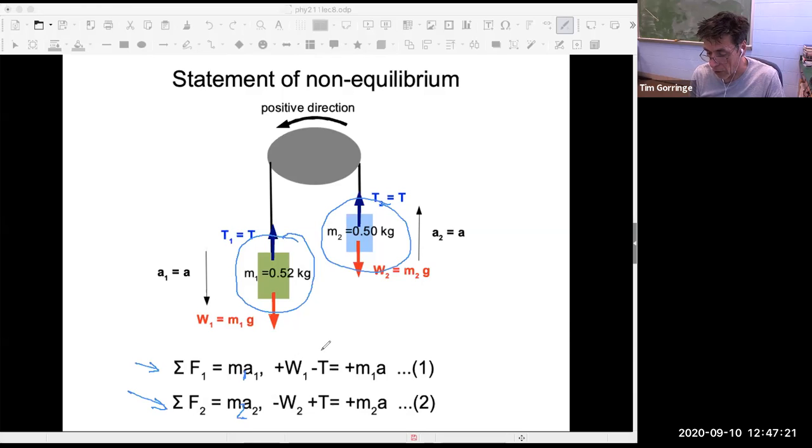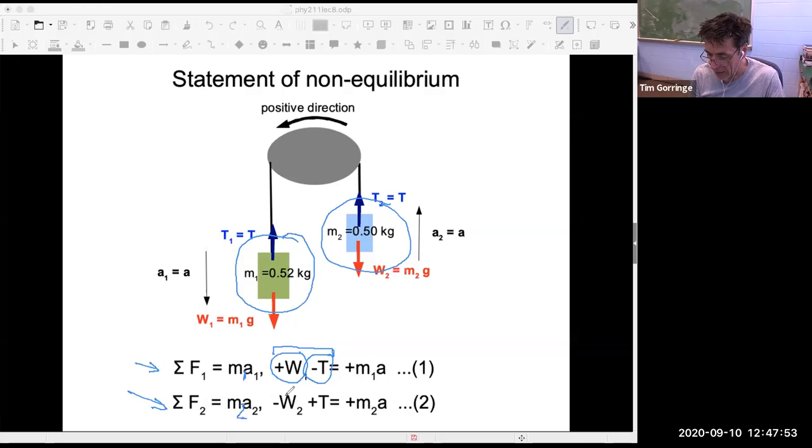For the one on the left-hand side, here are the two forces. There's the weight downwards, that's in the positive direction. And then there's the tension upwards, that's in the negative direction. So here's the weight of the block with a plus sign indicating it's in the positive direction. Here's the tension with the minus sign indicating it's in the negative direction. And those two add up to determine mass times acceleration for block number 1.